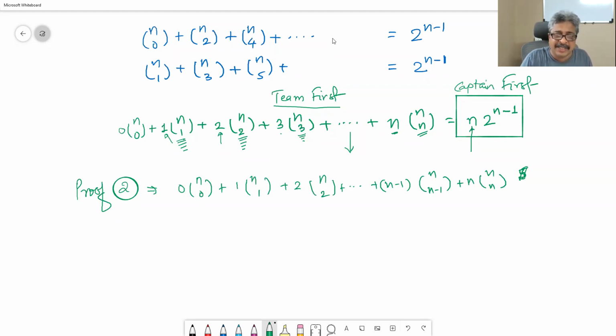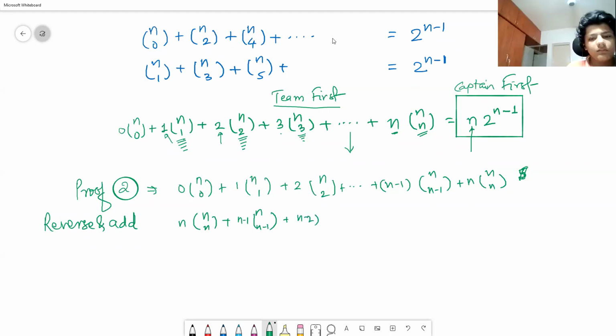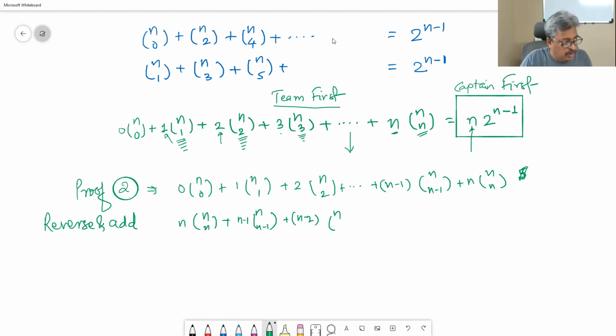Okay, reverse and add. What is the last term? n times n choose n plus n minus 1 times n choose n minus 1 plus n minus 2 times n choose n minus 2 plus dot dot dot plus the last term will be 0 times n choose 0, and the second last term will be 1 times n choose 1.